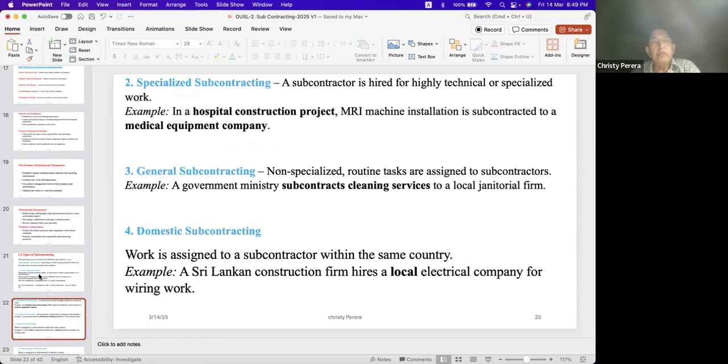Other type, specialized subcontracting. I told you all, it is also a very specialized one, but it's not a nominated subcontracting. The main contractor will get the specialized subcontractor.